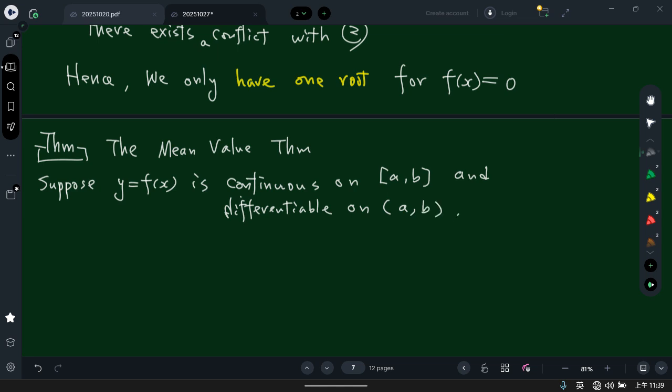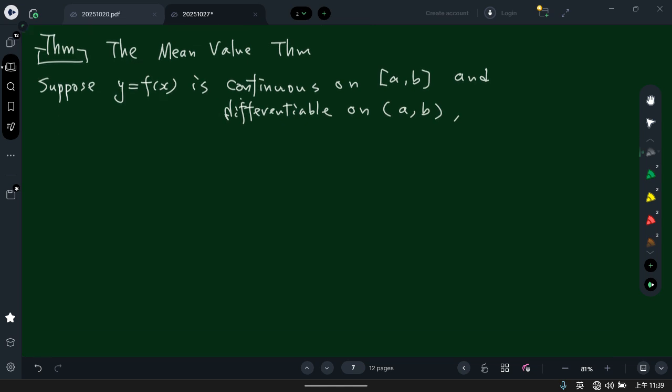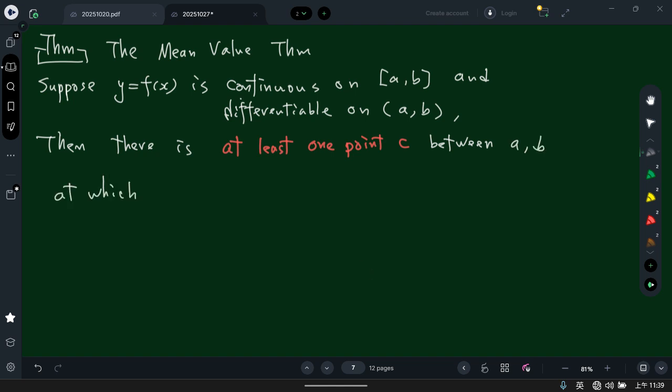Then there is at least one point C between A and B at which f of B minus f of A divided by B minus A is equal to f prime C. Maybe when you look at it for the first time, it's a little bit complex, right?